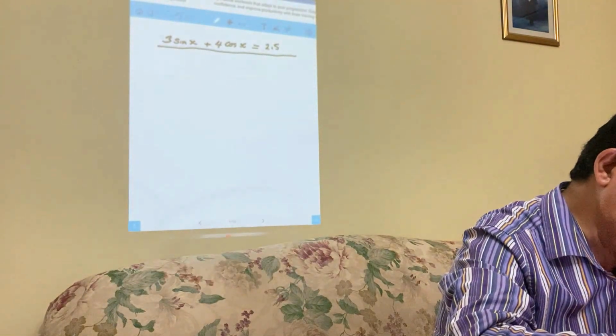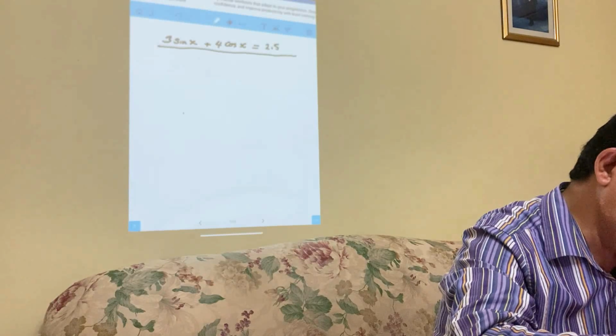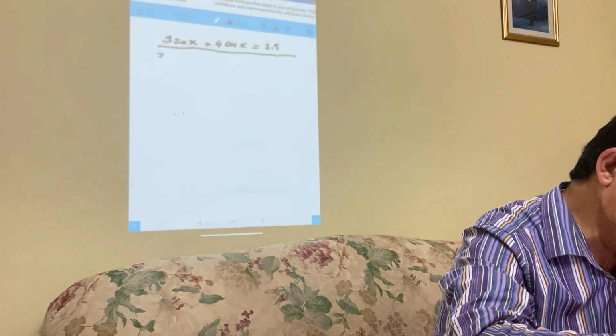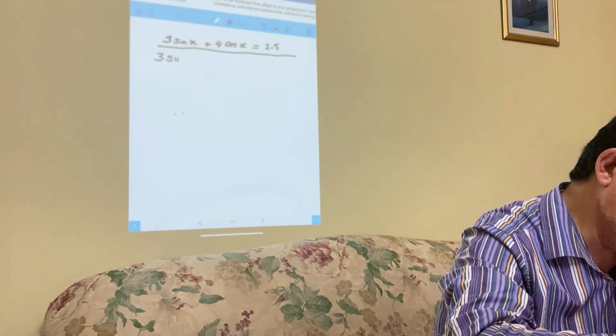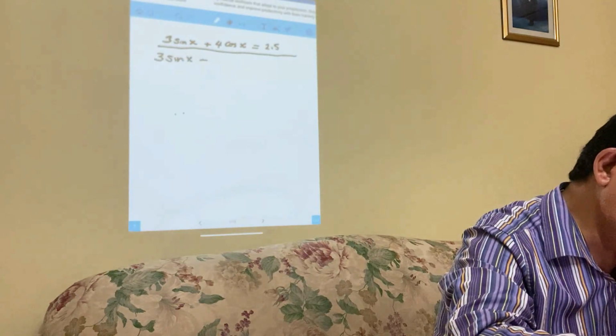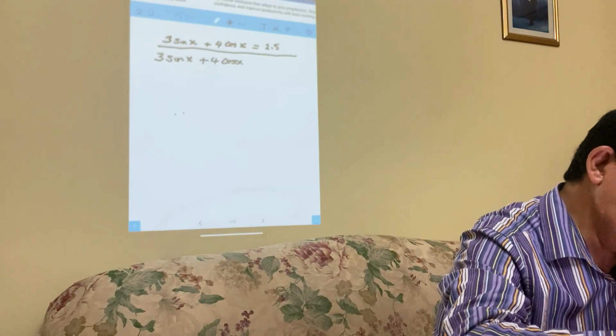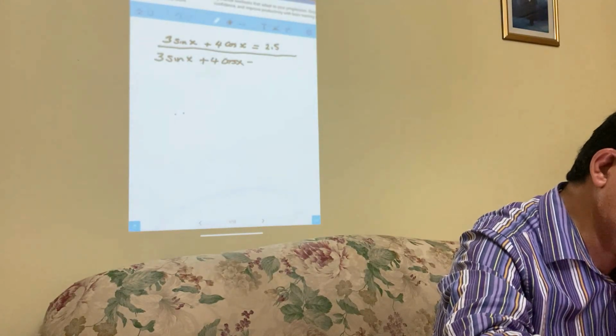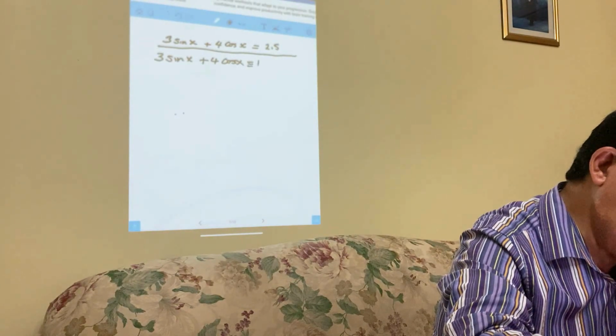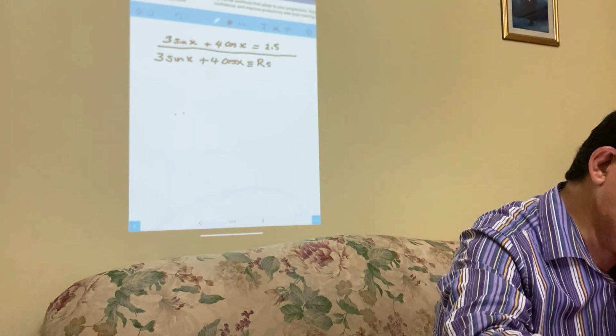We will be asked first that the function 3 sine x plus 4 cosine x can be written as r sine x plus alpha.